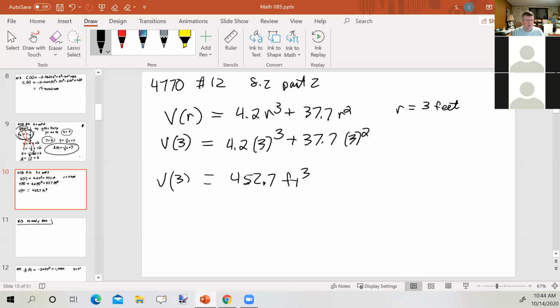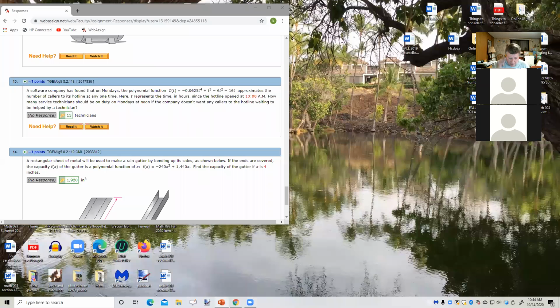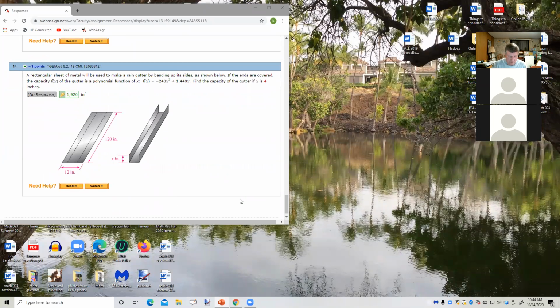Okay. Let's see here. We're going to go back to the WebAssign screen. This problem number 13, 2 different people asked for it, and I looked at it, and it's the same numbers. So this is basically the same problem that we did earlier. So with that in mind, I'm going to go on to problem number 14.